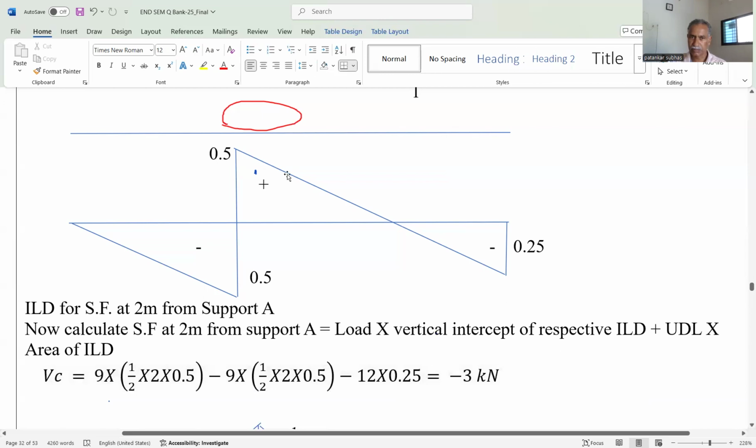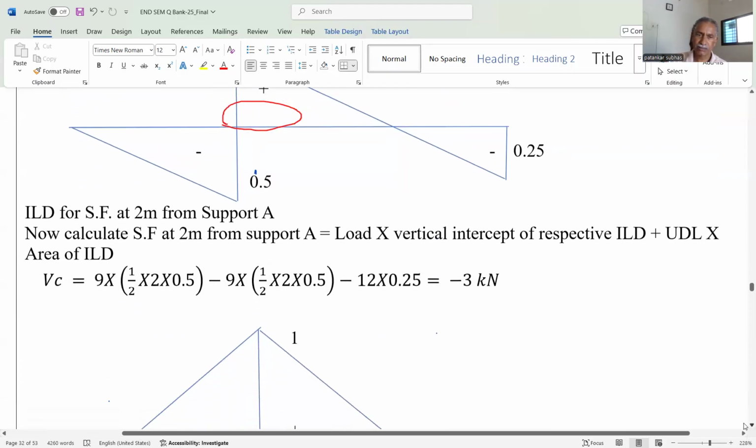And for this minus, again 2 meter, 0.5, and the intensity is the same because the UDL is throughout the span of 4 meter. That's why this is totally 0. And minus 12 is the point load into this distance, that is minus 12 into 0.25. That's why the shear force at 2 meter distance is minus 3.